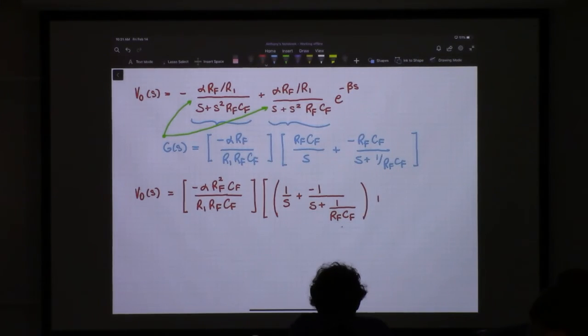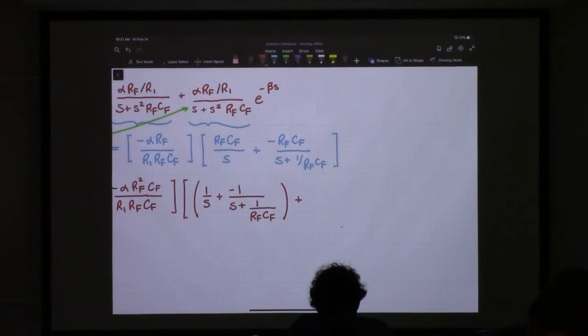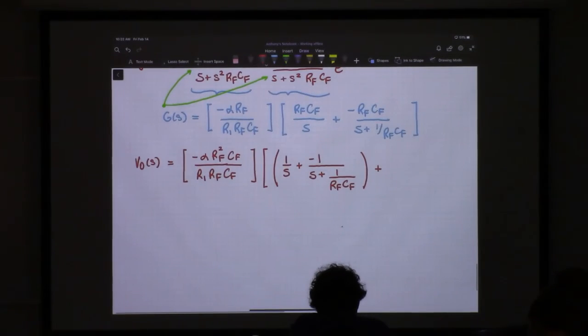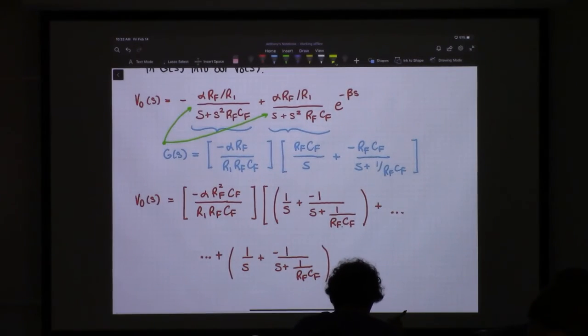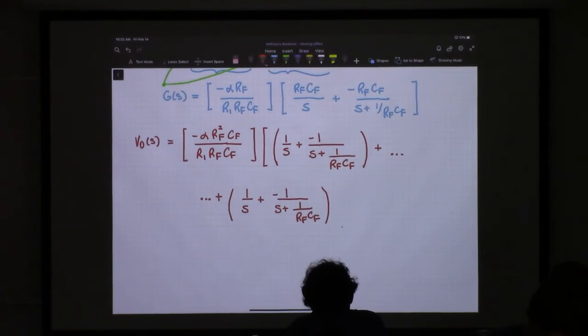Now we have the exact same thing repeated, right? Because we have it here, and then now we have it here again. So again, we'll have 1 over S plus negative 1 over S plus 1 over RFCF. The only difference is we can't forget that this term is multiplied by e to the negative beta s.